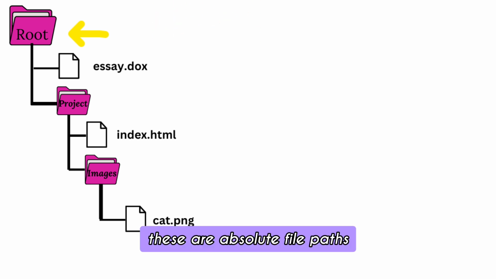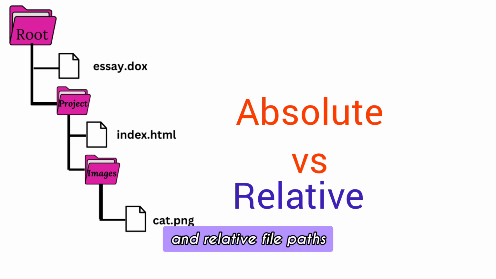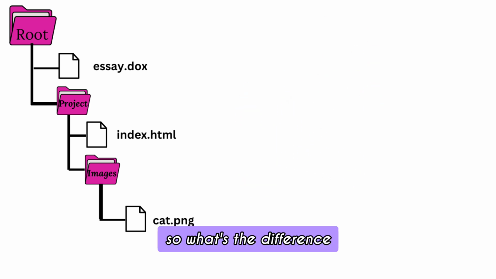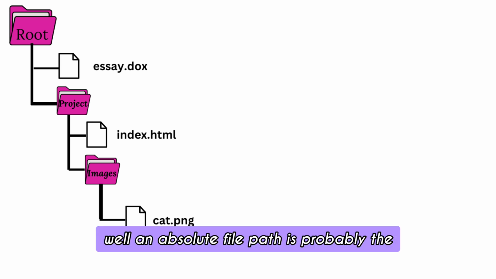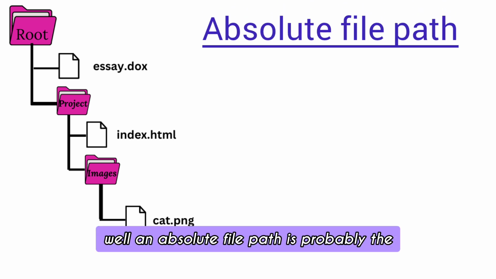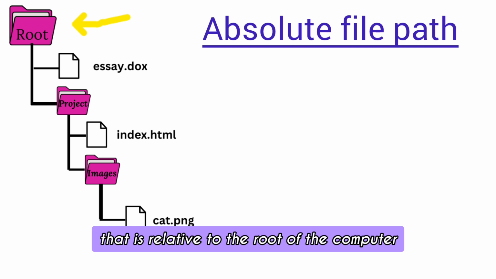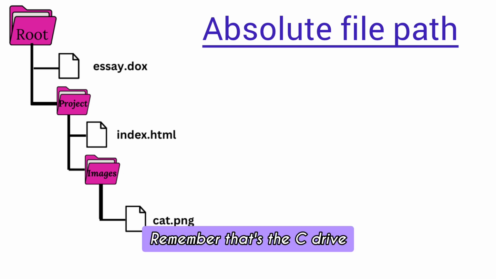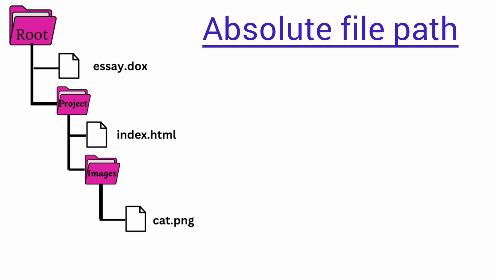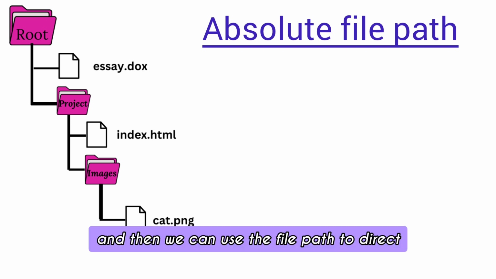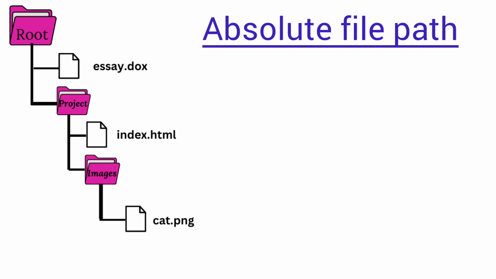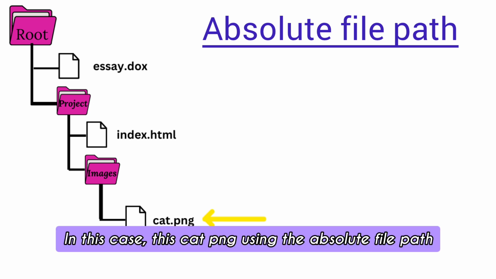These are absolute file paths and relative file paths. So, what's the difference? Well, an absolute file path is probably the simplest to understand. It's a file path that is relative to the root of the computer. Remember, that's the C drive or it's the Macintosh HD, and then we can use the file path to direct to a specific location, in this case, this cat.png using the absolute file path.